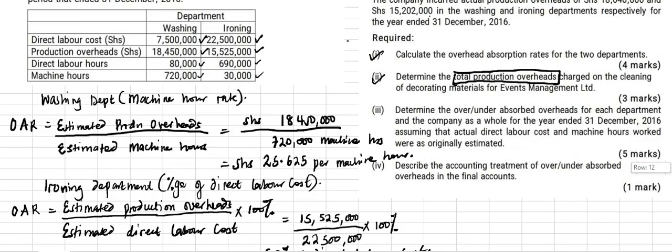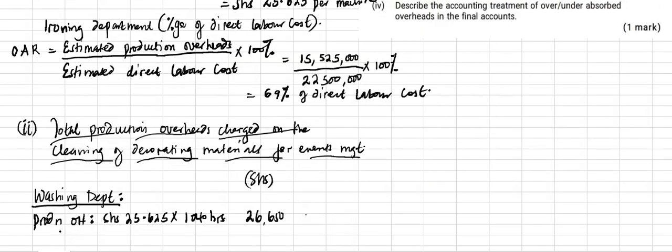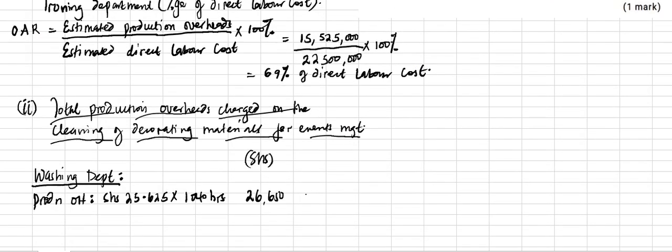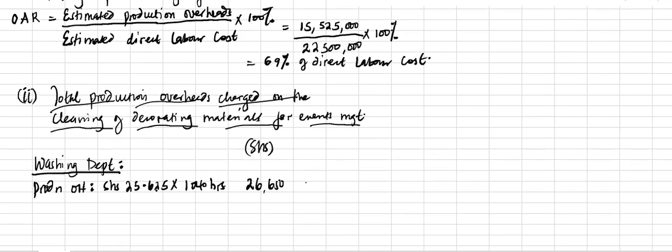Okay, so from there, we also now need to look at the ironing department. How much are they going to charge in the ironing department? Let's try to find out the overheads.